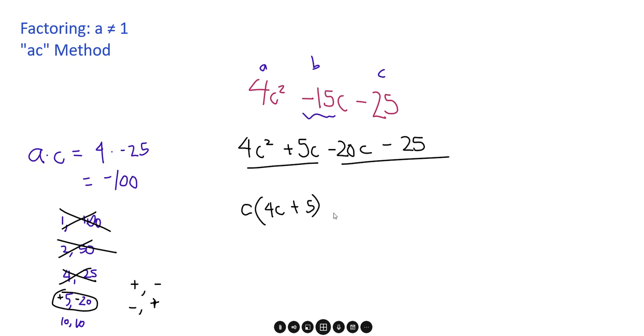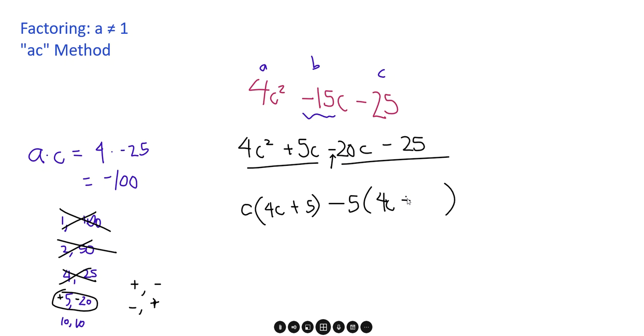And in the second two terms, I can take out a 5, but really a negative 5, because see here I've got a negative or a minus sign. I'm going to pull out a negative 5 and see what I've got left. Negative 5 times a positive 4c will give me a negative 20c. And then 25 divided by 5, that's 5.